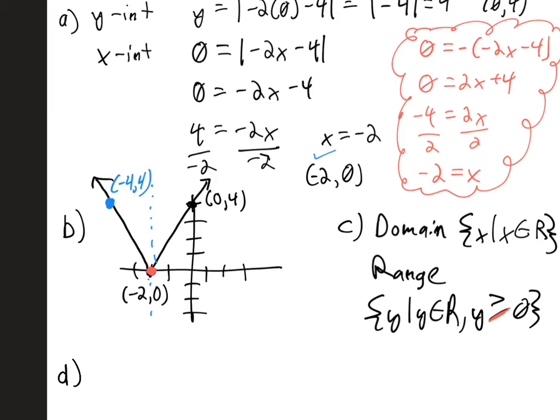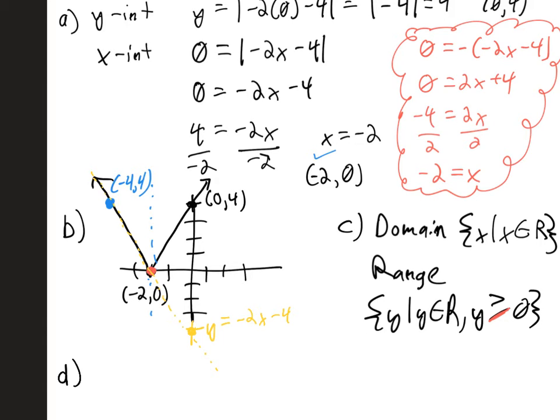So what does the graph of y equals negative 2x minus 4 without the absolute value sign look like? Well, it's going to have a y-intercept at 0, negative 4. It's going to pass through the same x-intercept. So this is what that graph will look like for y equals negative 2x minus 4.